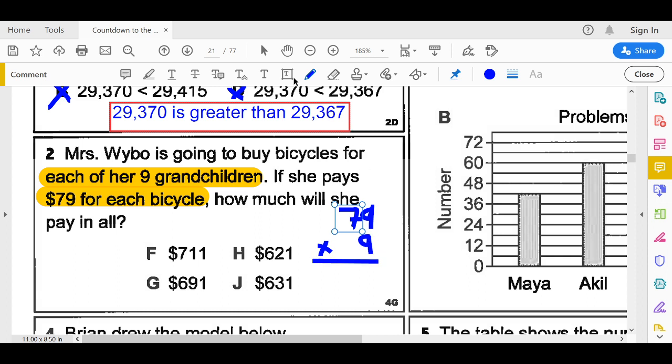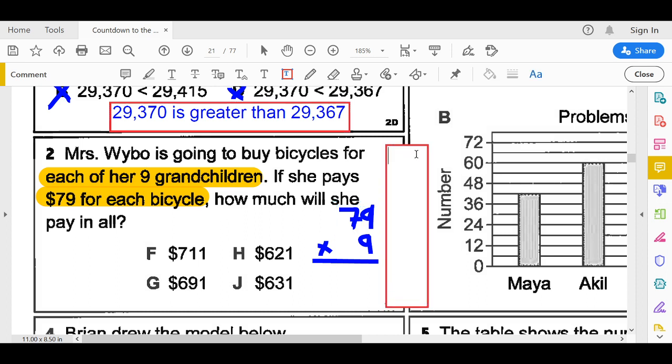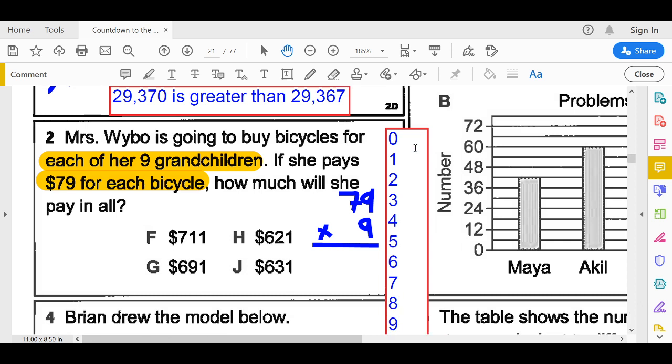So let me just remind you the trick for the 9s, because I just love this trick. On the first column, you're going to go from 0 to 9: 0, 1, 2, 3, 4, 5, 6, 7, 8, and 9.